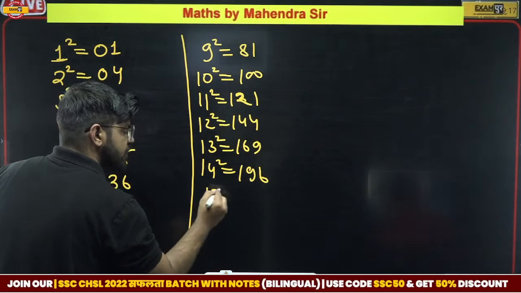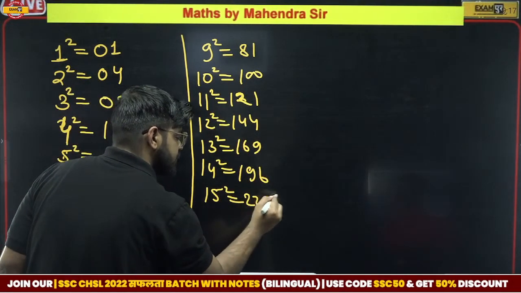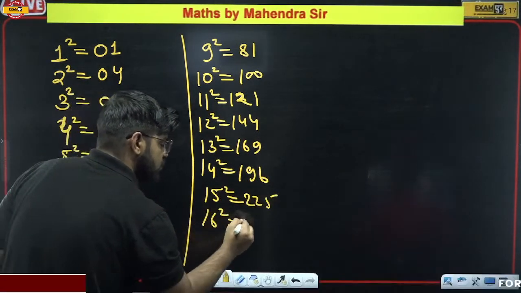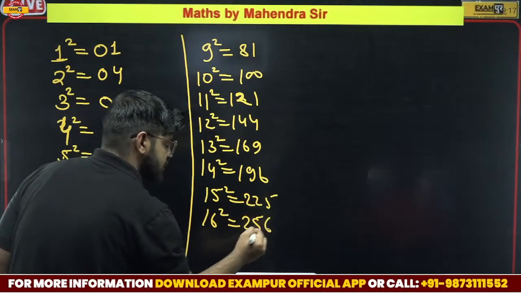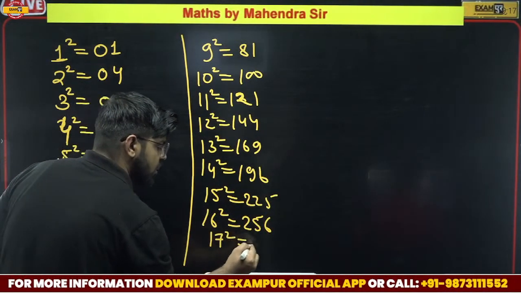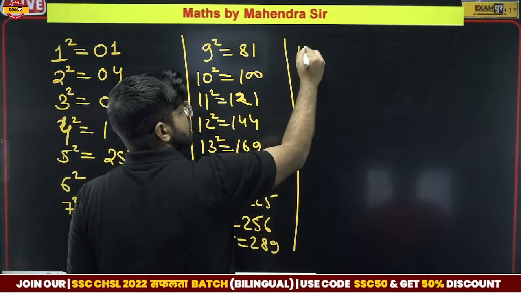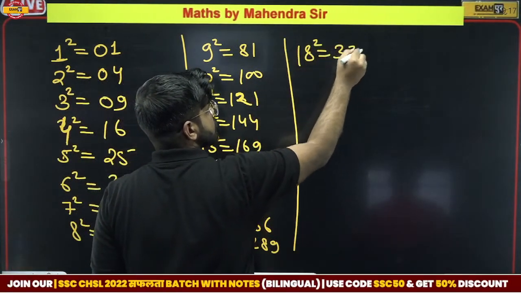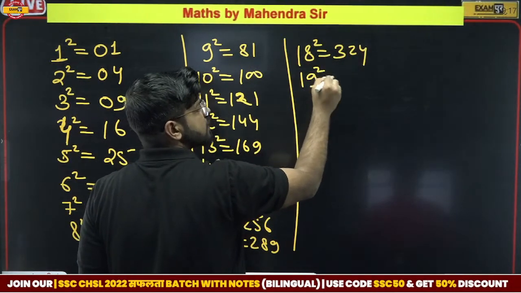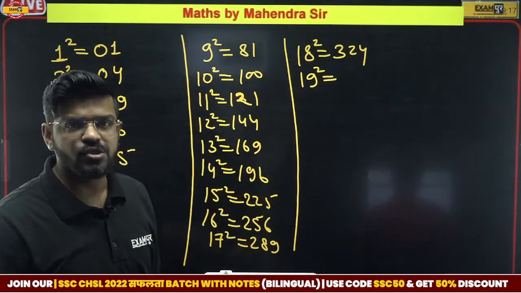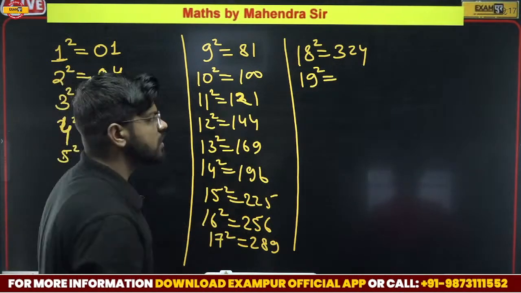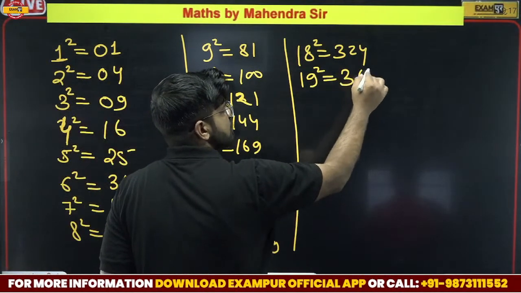196. 15 square will be 225. 16 square is equal to 256. Very good. 17 square will be 289. Similarly, 18 square will be 324. 19 square is what? You have to say in your mind only. It will be 361.